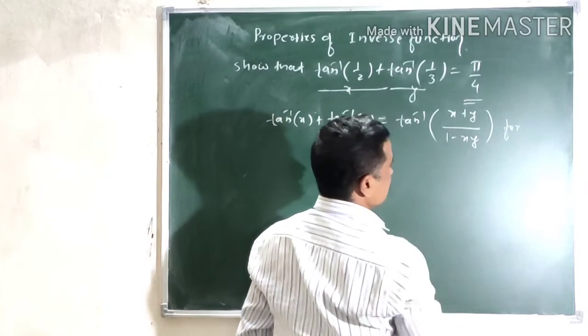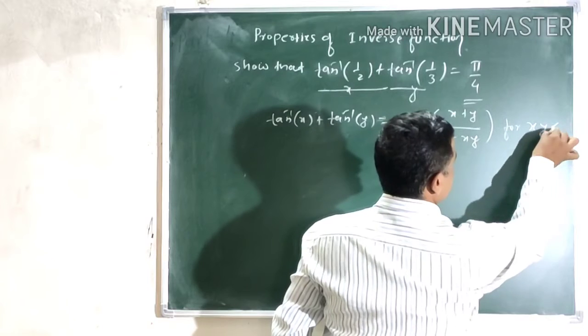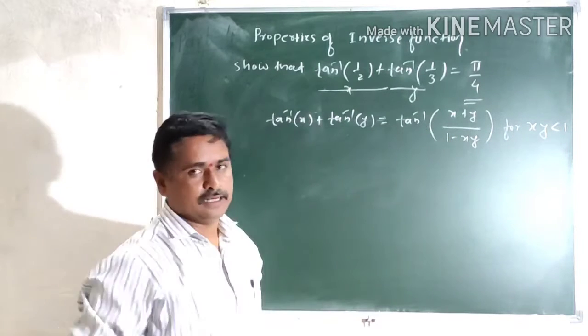This is a property, and the restriction is that the product of x and y is strictly less than 1.